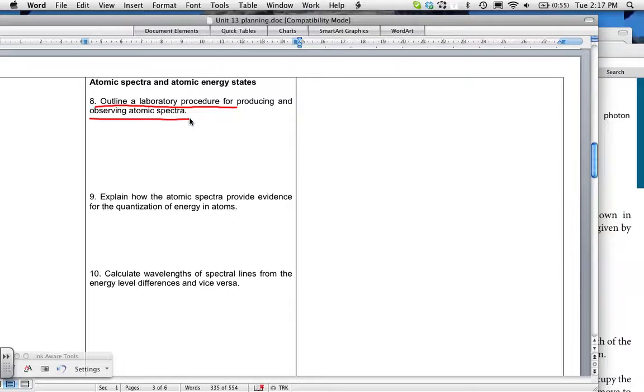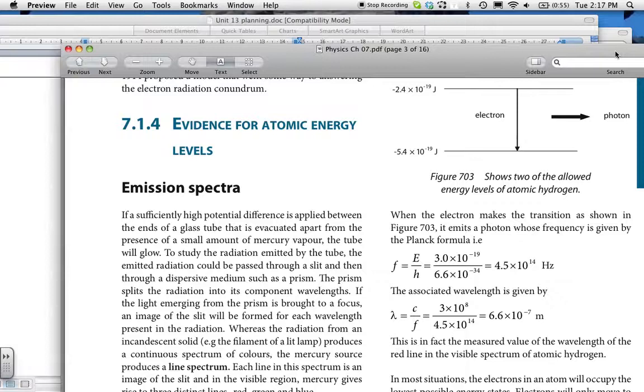To read up on this, I would suggest that you go to your textbook, page 175, which looks at emission spectra. To do that, you have an evacuated glass tube.